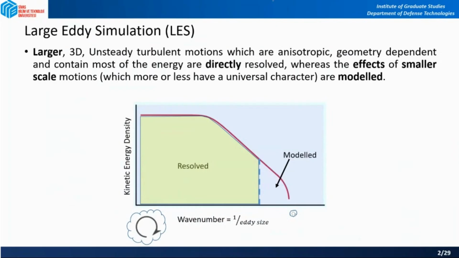And the idea is okay, let's not model the larger structures, let's resolve them, but then, when we have the universal eddies that are not changing from geometry to geometry, let's develop some universal model for them.